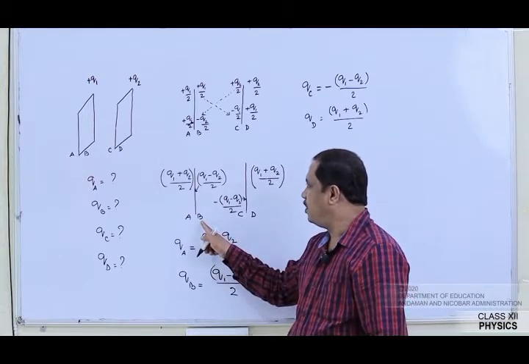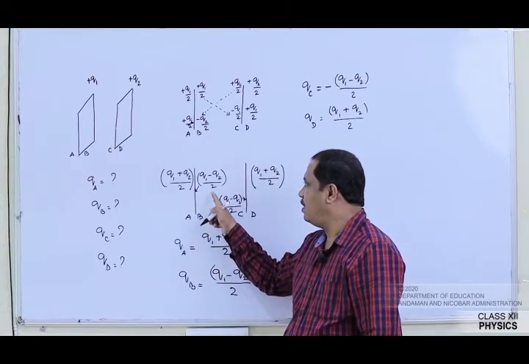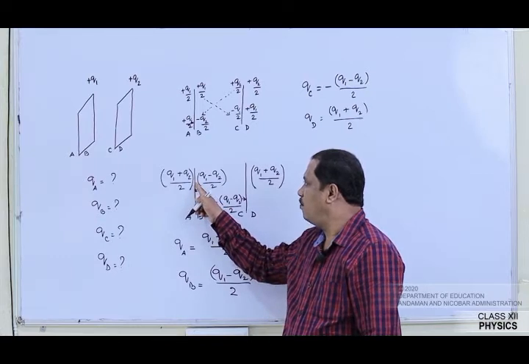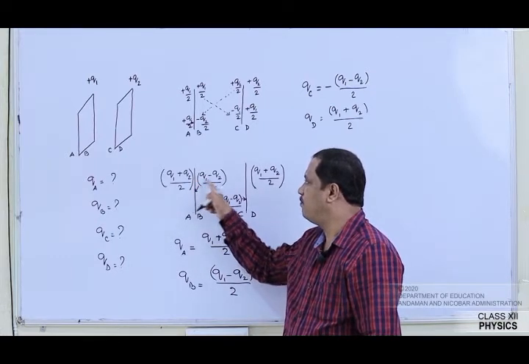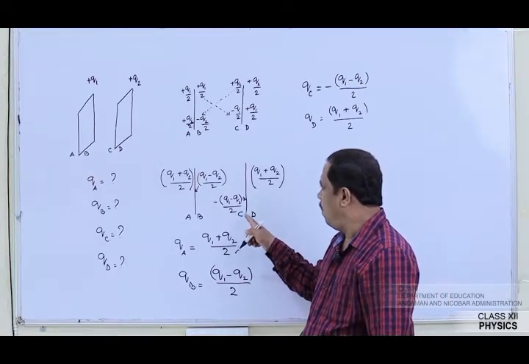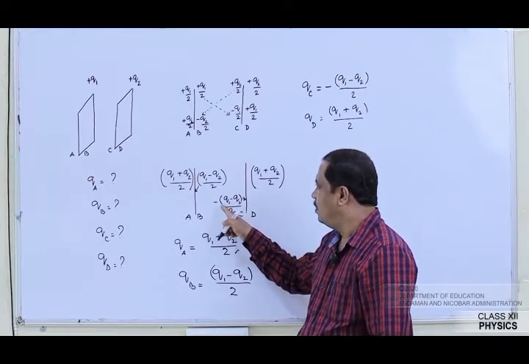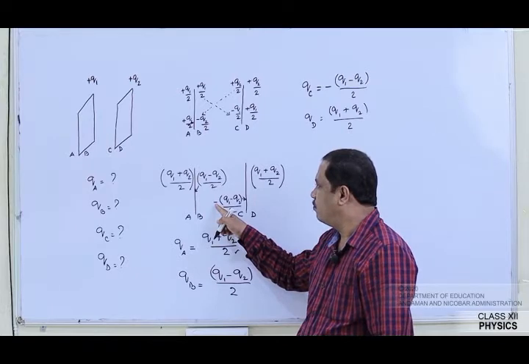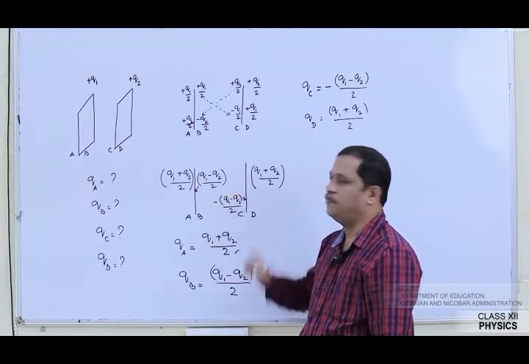On face B, I see positive half of the difference of the two charges. On this face C, I see negative half of the difference of the two charges.